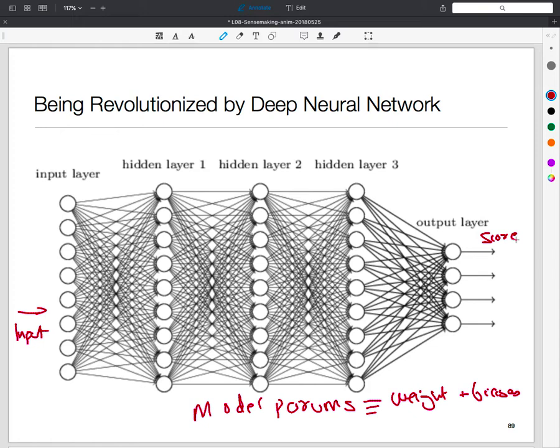During training, I feed the sample input and get the score that the network with its current weights produces, and then I compare it against the desired one. The desired one would have a high score for the correct class and no score for the others. So I have two vectors, I look at the distance between them, and then try to optimize for it.